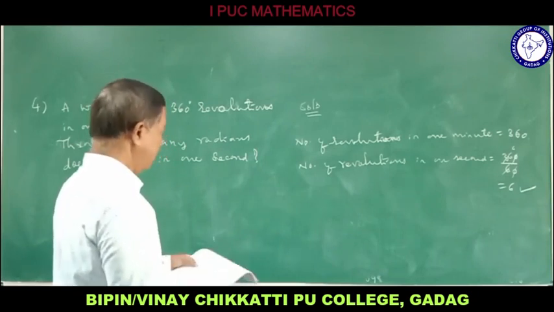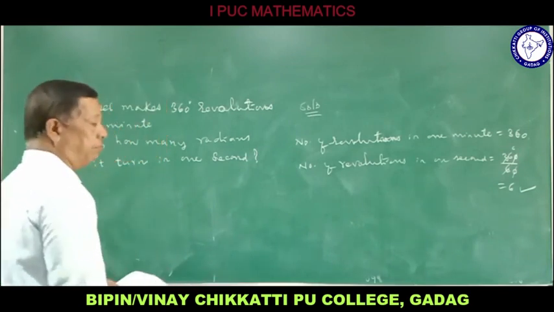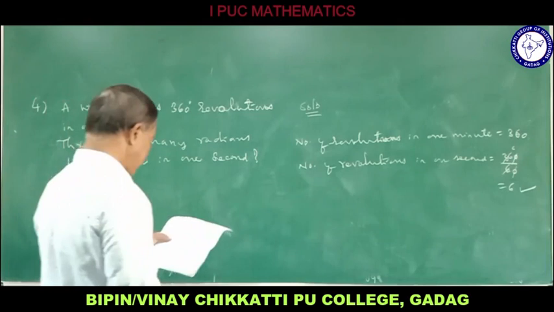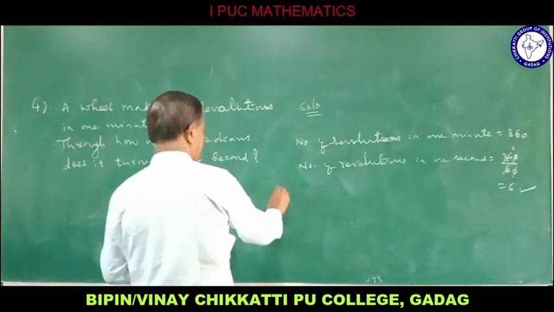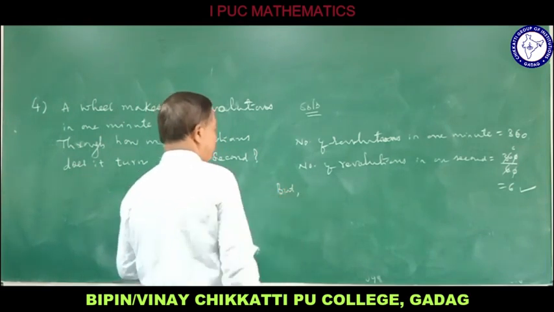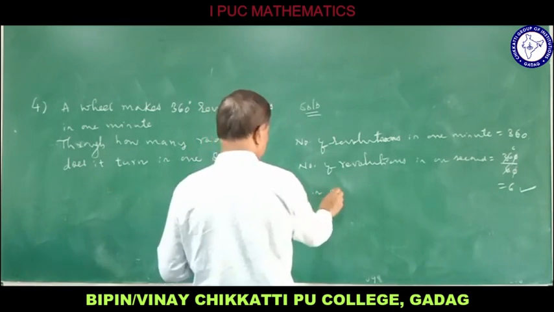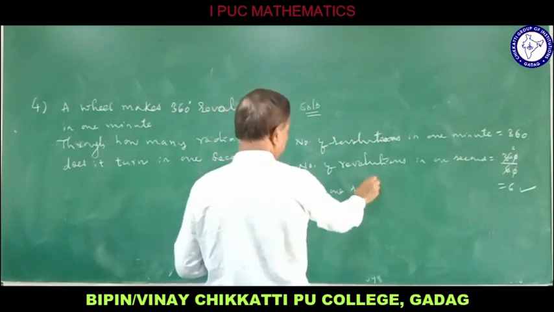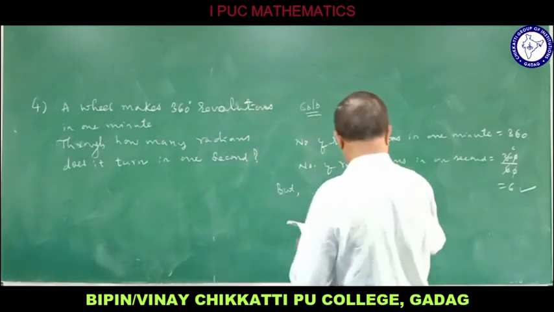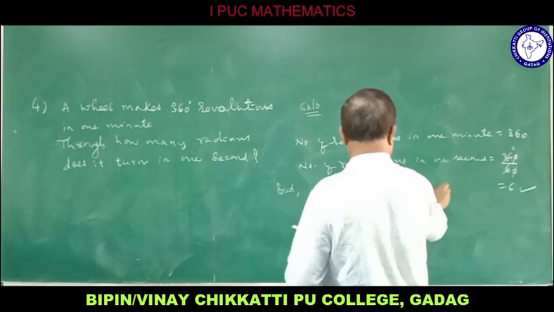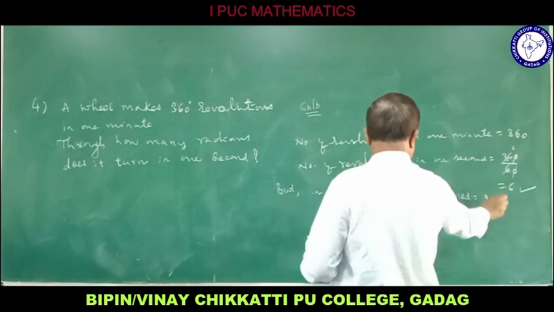But here it must be known that in 1 revolution the angle made by the wheel is 2 pi radians. And here you have to understand the answer directly. In 1 revolution you have to see the angle traced, how much? 2 pi radians.